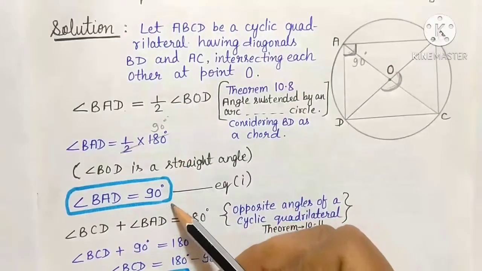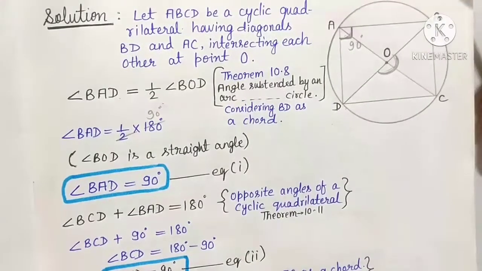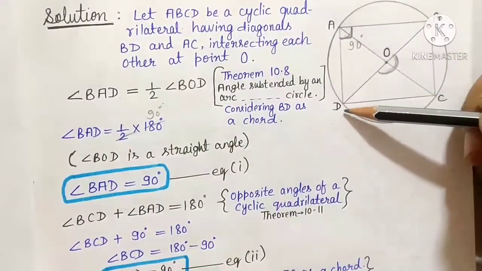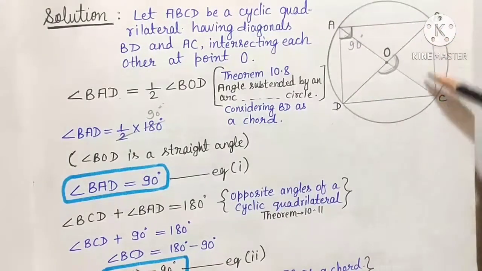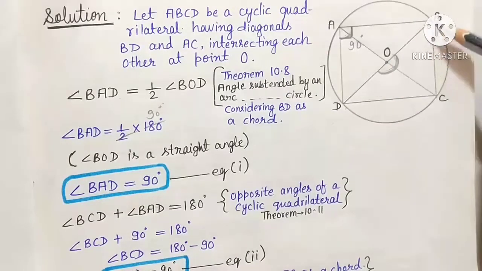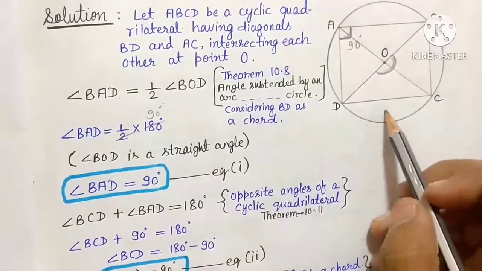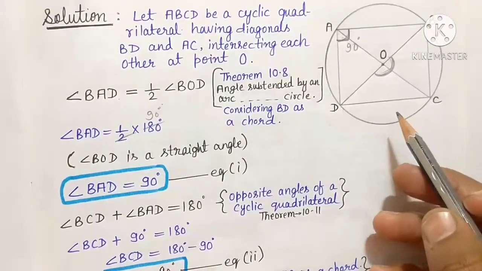Now if we check angle BCD and angle BAD, what is their sum? 180, because they are opposite angles of a cyclic quadrilateral.